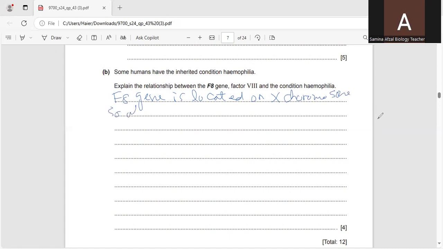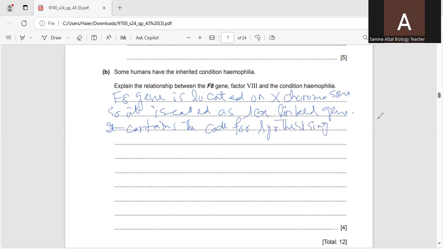So it is called a sex-linked gene. It contains the code for synthesizing a protein called coagulation factor VIII.